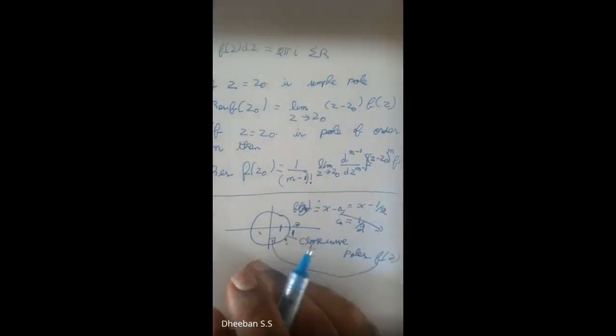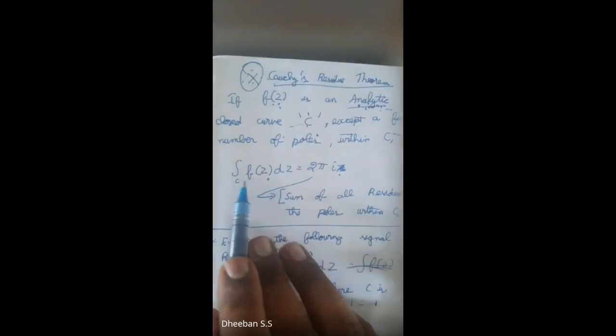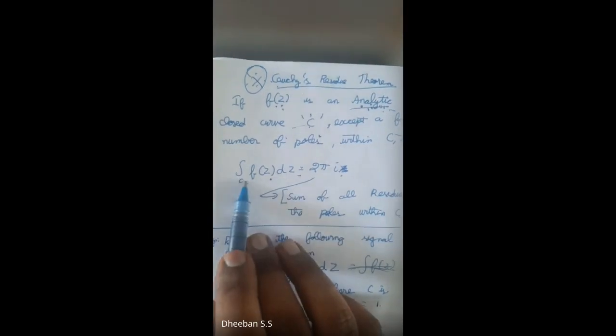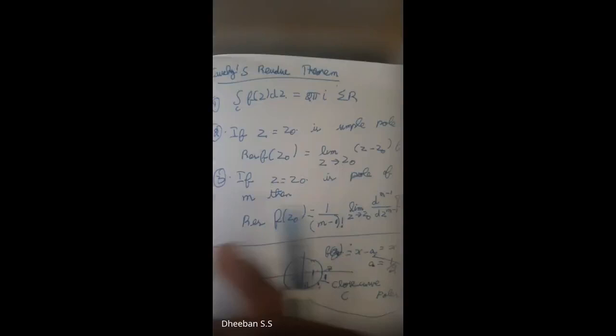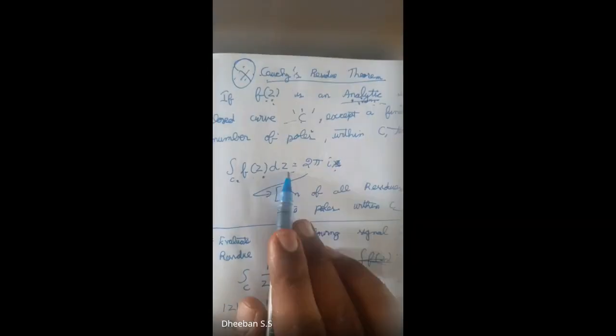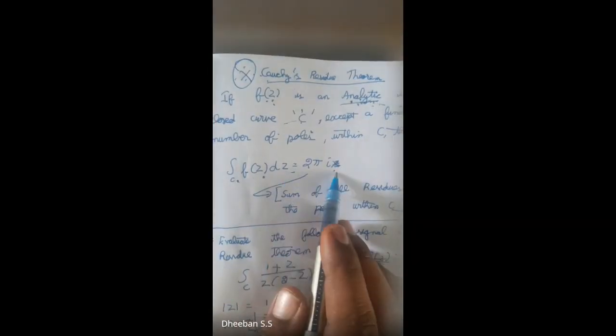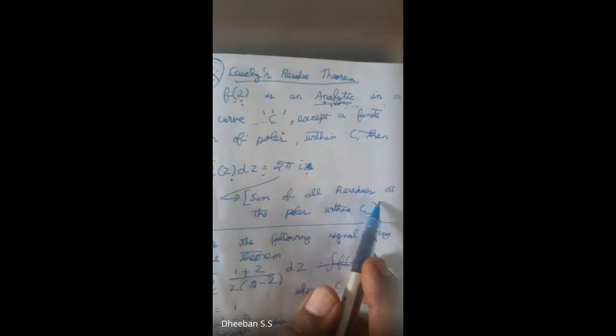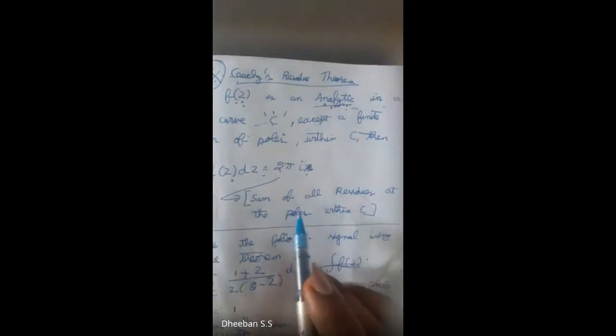Then the solution for f of z: the integral, which is nothing but the overall area of the function, of f of z dz will be equal to 2 pi i into the sum of all residues at the poles within C. If you deal with the problem, you might get some clarity. You have already learned this Cauchy residue theorem in your mathematics.